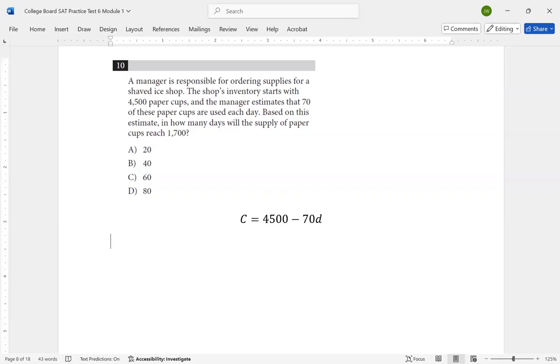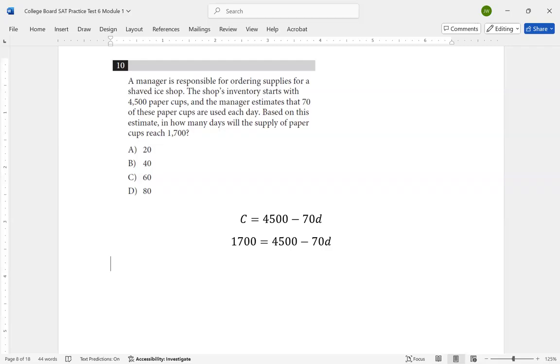And then it says, in how many days will the supply of paper cups reach 1,700? We start with 4,500. We're wanting to know when we get to 1,700. So plug in 1,700 for the number of cups and solve.